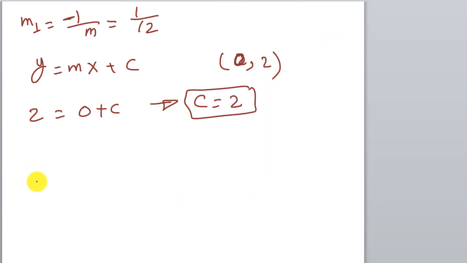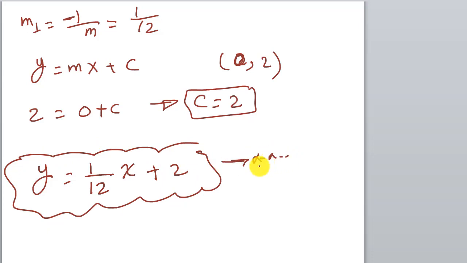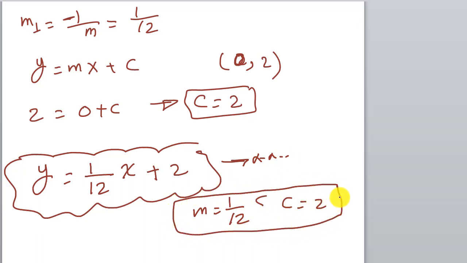So the equation is y equal to 1 over 12 x plus 2. And this is the answer. So m equal to 1 over 12 and c equal to 2. And this is the answer of this question. Let us go ahead to another one.